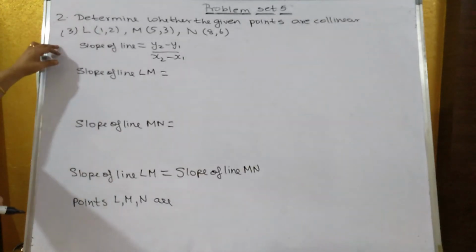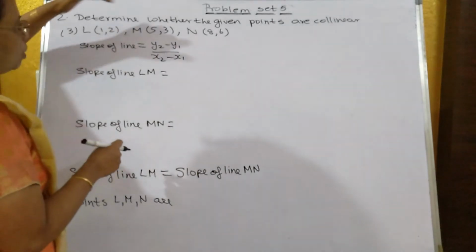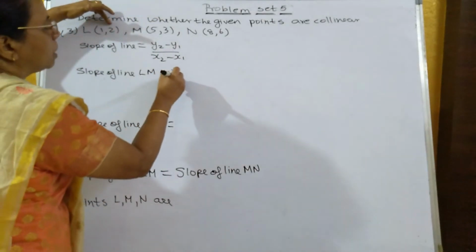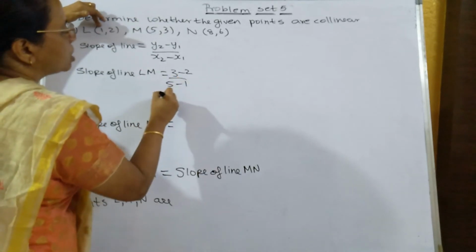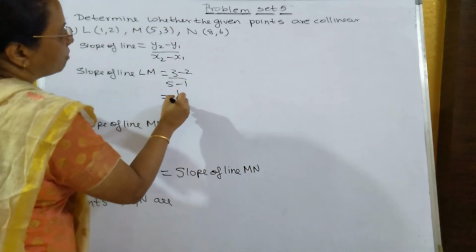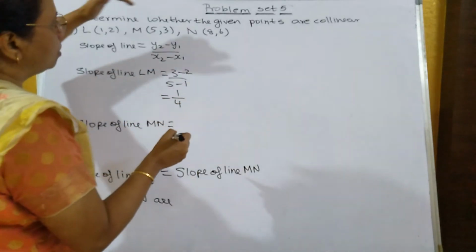Now the third sum: coordinates of L, M and N are given. Slope of line LM will be 3 minus 2 upon 5 minus 1. 3 minus 2 is 1. 5 minus 1 is 4. So slope of line LM is equal to 1 upon 4.